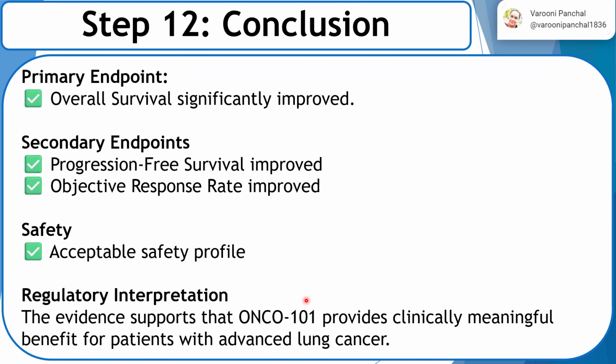So the regulatory interpretation is that the evidence supports that Onco 1001 provides clinically meaningful benefit for patients with advanced lung cancer. Now, this is just a real case study which I have tried my best to explain in very common layman's language, with practical numbers.